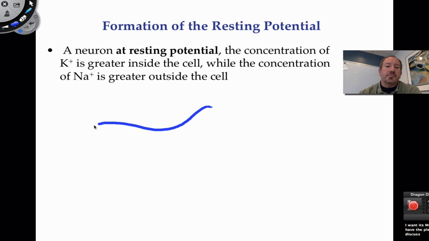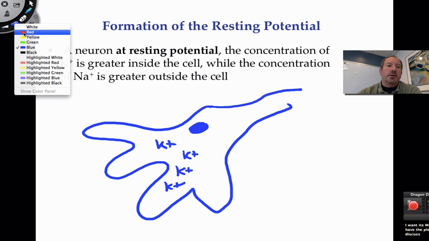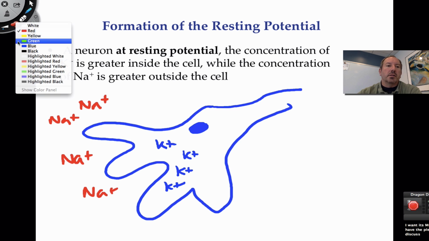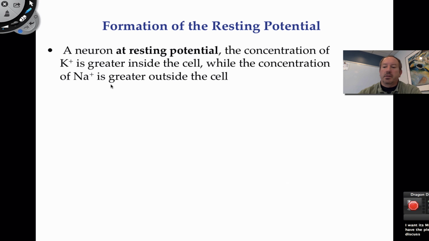So here's the neuron like this. Here's the nucleus. A lot of potassium on the inside, a lot of sodium on the outside of the cell. But overall, it's negative on the inside, positive on the outside.